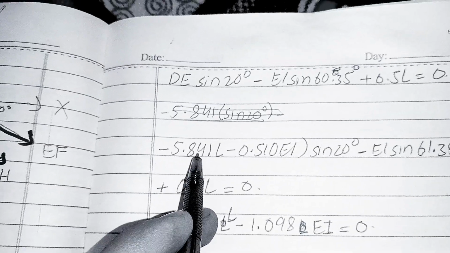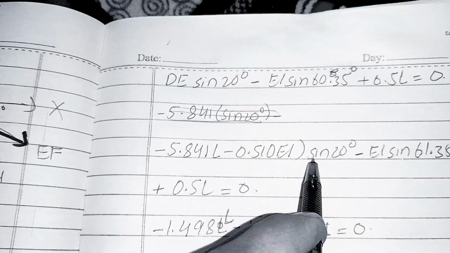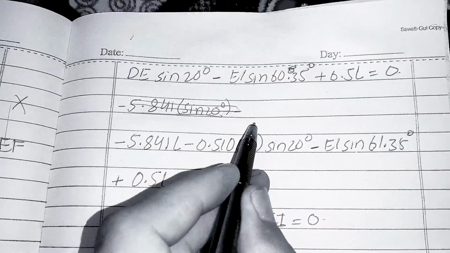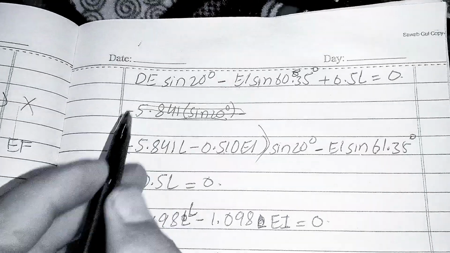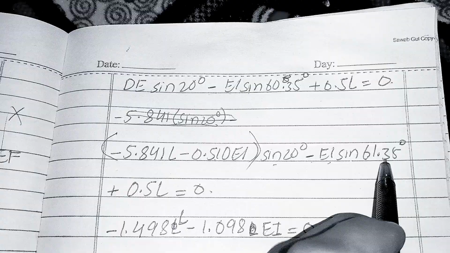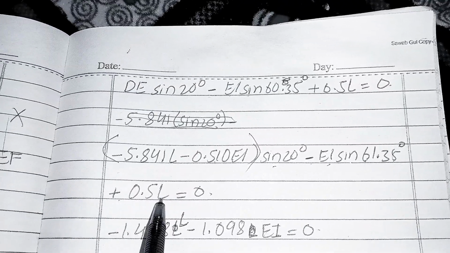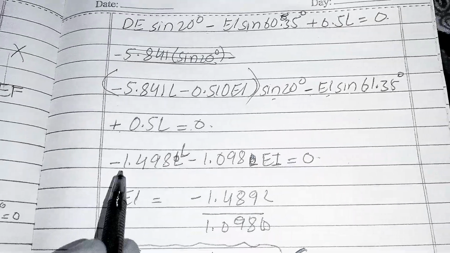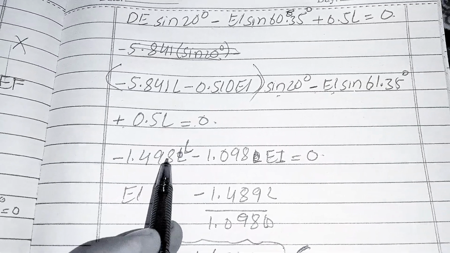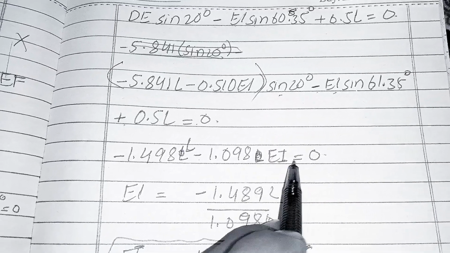Putting in the value of DE: negative 5.841 L negative 0.51 EI sine 20 degree, negative EI sine 61.35 degree, plus 0.5 L equal to 0. So negative 1.498 L negative 1.098 EI equal to 0.